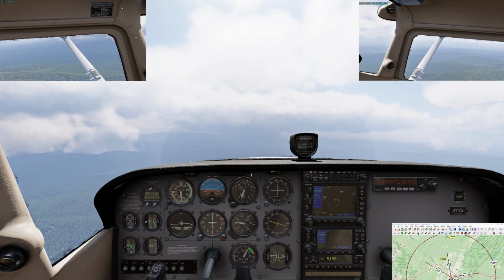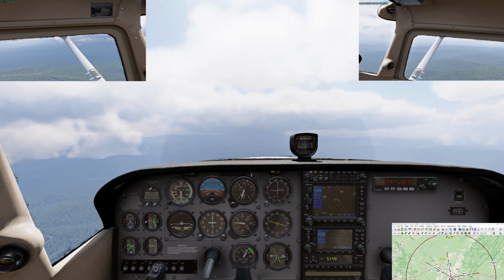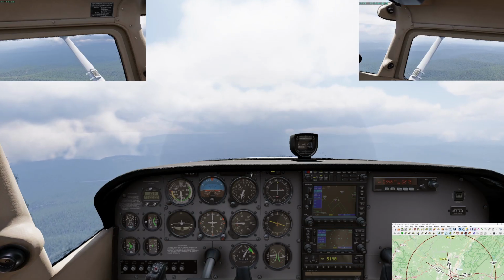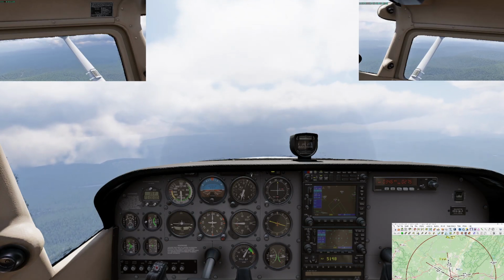Alright, 5500 on a heading of 240. Intercept the 310 bearing from Bushy and track that to the station.